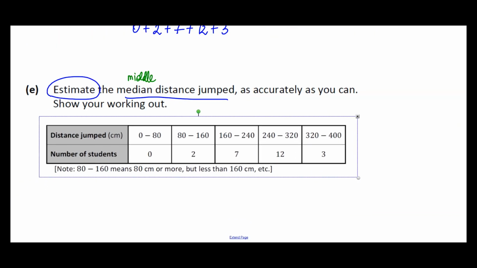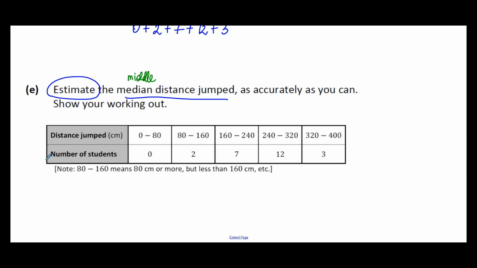So where is going to be my middle? How many students do I have altogether? If we add up 0, 2, 7, 12, and 3, we get 24 together. So if I divide 24 numbers into two equal parts, I'm going to have 12 numbers on one side and 12 on the other side.